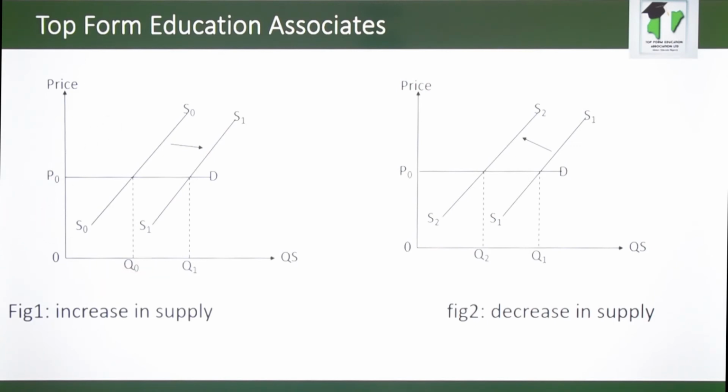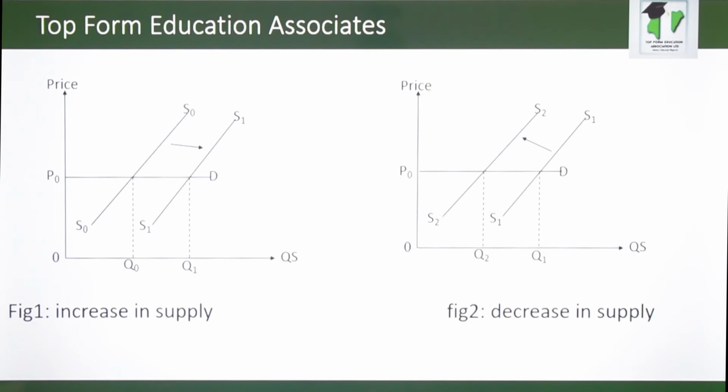What must have caused it? This shift must have been as a result of an increase in the number of, let's say, farmers or producers, a decrease in cost of production, favorable weather condition, and what have you. Those are factors affecting supply, except price.